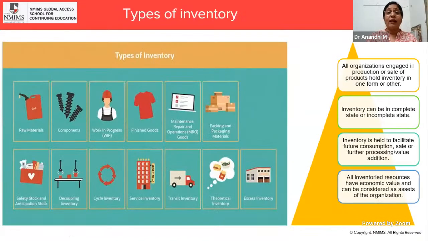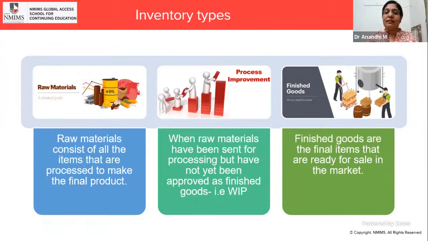Fine. So these are invariably typical different types of inventory. But for a basic understanding, this is fine. If you just understand 3 types of inventory, that is raw material, work in progress, and finished goods, because whatever we saw earlier will also sit under any of these 3 categories only.